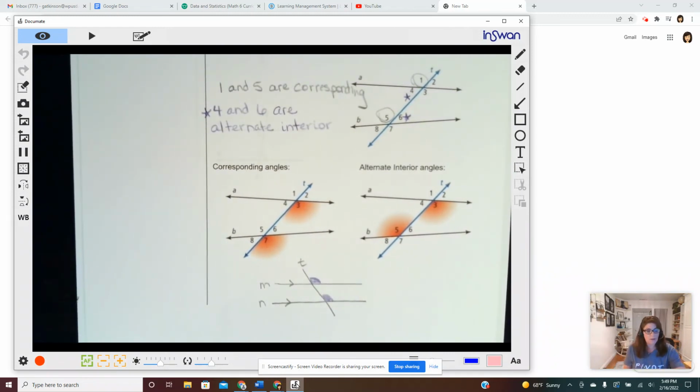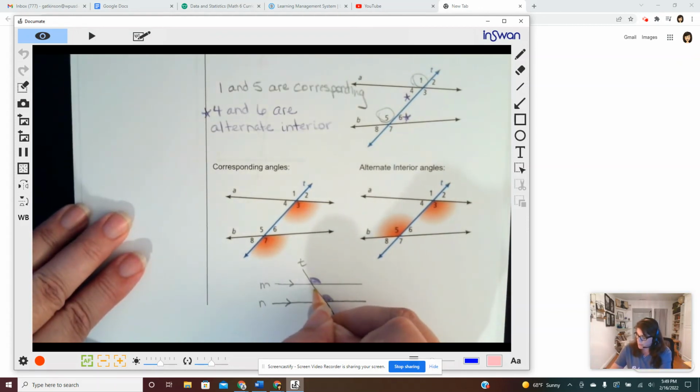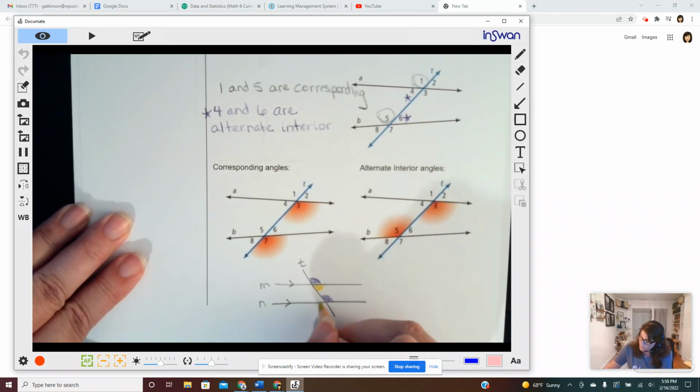I also have congruency right here where they're alternate interior.